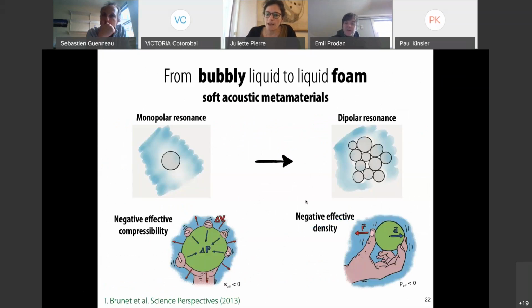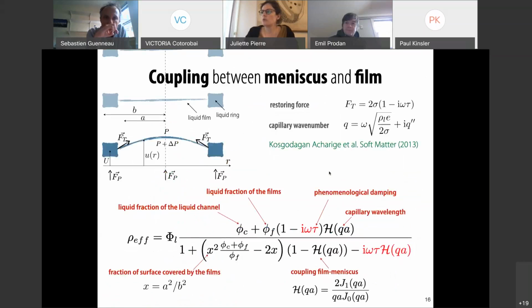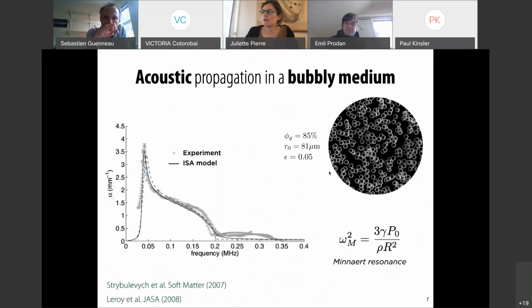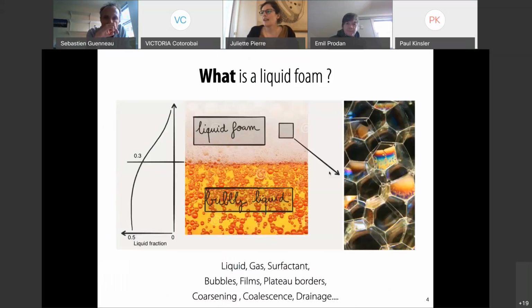It's always a flat interface. If you look here, it is a beer glass. The transition between the bubbly liquid and the liquid foam is very straight.